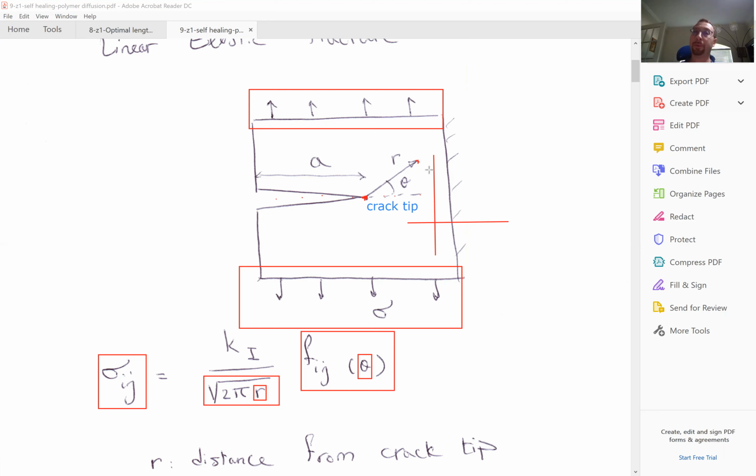Number one, it's a weak singularity in the sense that although the stress goes to infinity, it goes at a rate such that the energy stored in any circle around the crack tip will be finite, unless the radius of the circle goes to infinity.